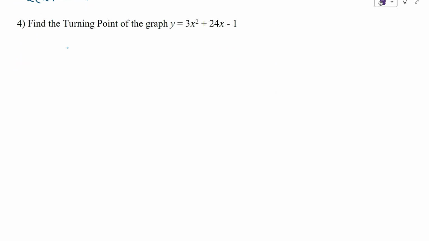For our last question, we need to find the turning point of this equation here. And again, just like the previous question, a does not equal 1 here. So let's take out 3 so we can get x squared on its own. Now we're going to complete the square for this equation inside the bracket.